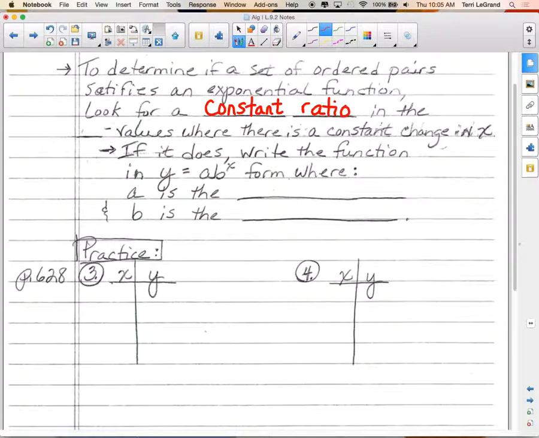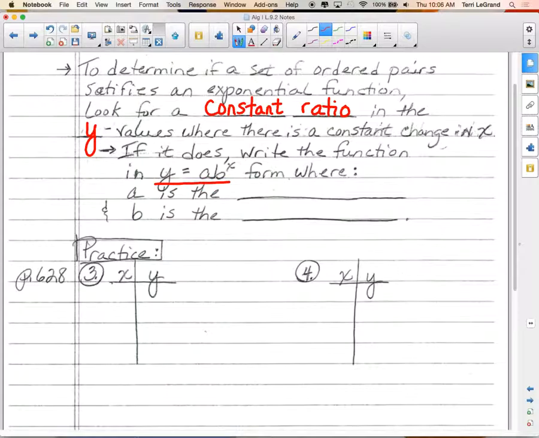And it's going to be in the y values. So we would take a y value divided by its previous y value, take another y value divided by its previous y value, where there is a constant change in x.